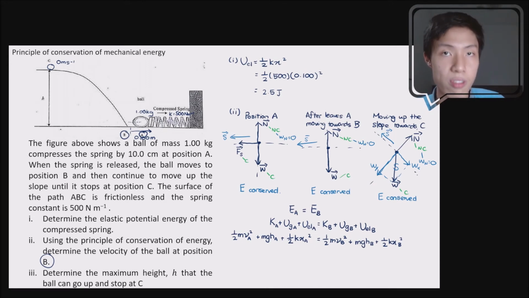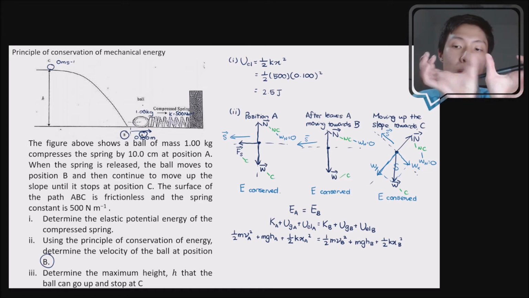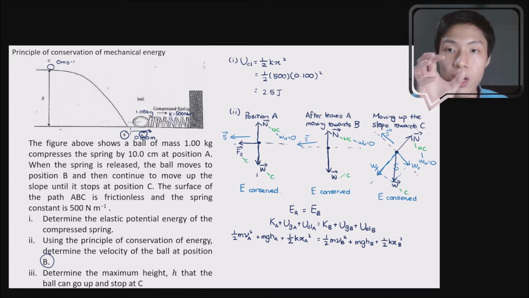Then you say a lot of things are zero, so you can cancel out. But because I'm not going to write down all the substitution, I'm going to cancel out the terms that will be equal to 0 first. First we know that this ball is being placed at position A while it compresses the spring by 10 cm. So at that moment, before you release the spring, the ball must be stationary.